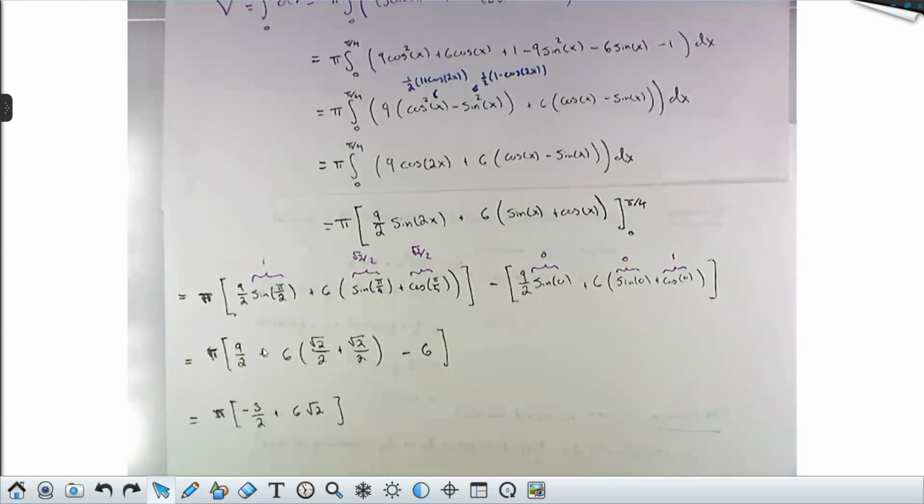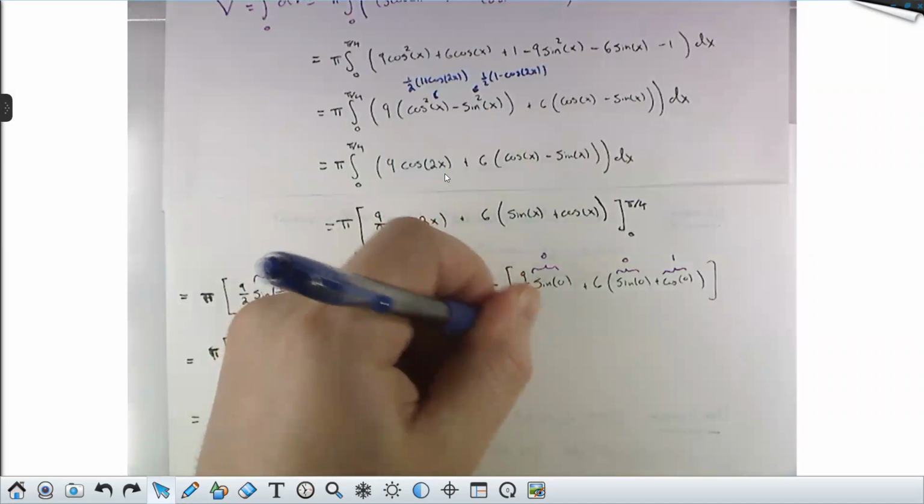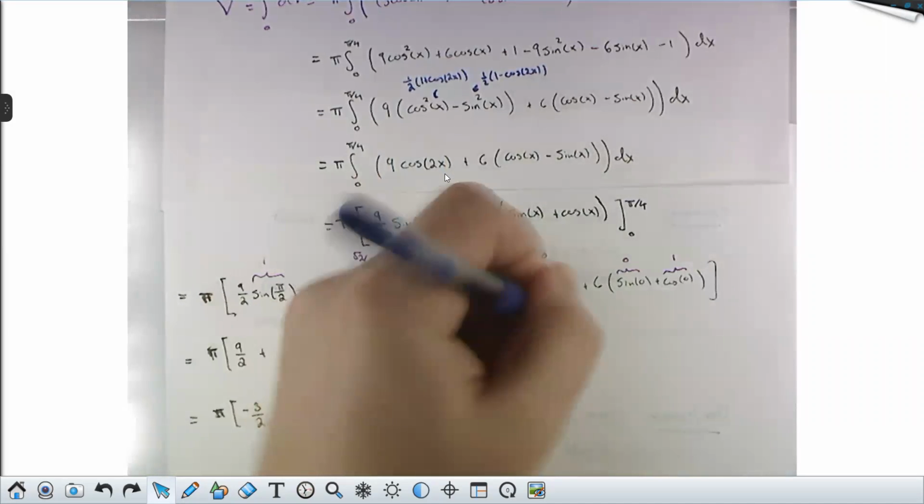So after we rewrite cos squared minus sin squared as cos 2x, all the antiderivatives are very easy. The only one that requires any real thought is this guy. So maybe if there's one thing I would say to remember there, I'm going to leave off the constants.